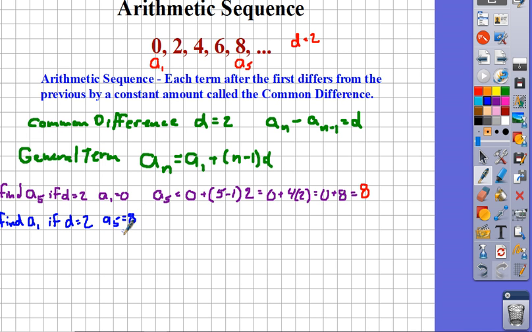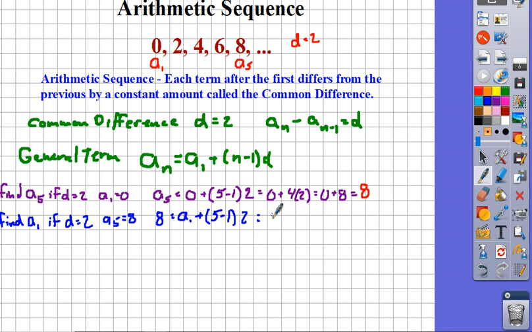Notice they've given you the n value there as well. So a sub 5 is 8. The first term we don't know, a sub 1, plus 5 terms would get us to that 8, so 5 minus 1 with the common difference of 2.